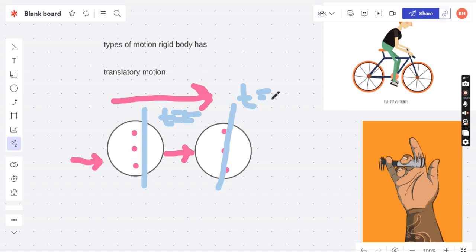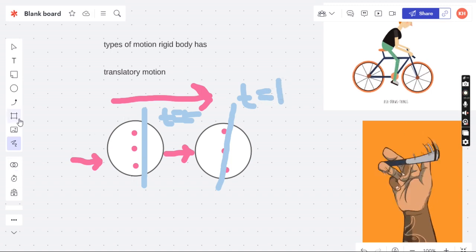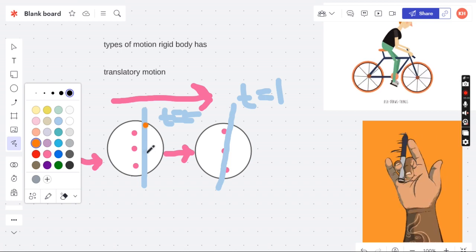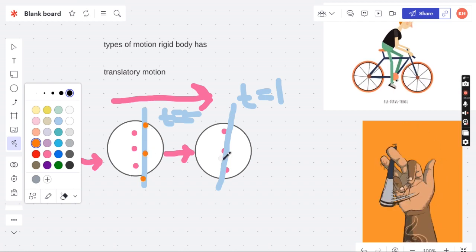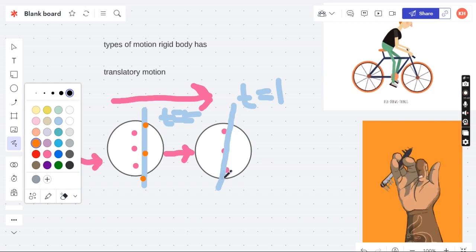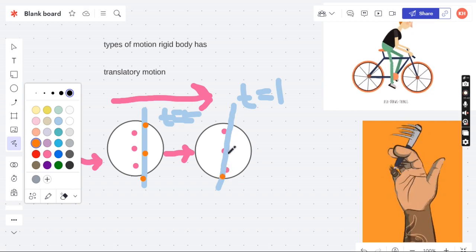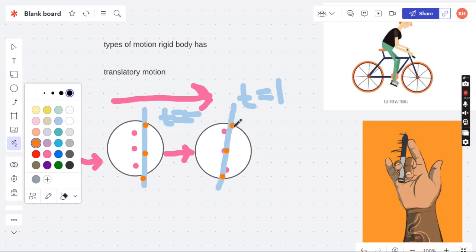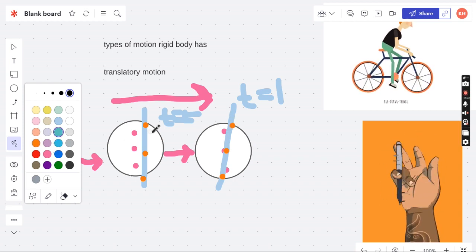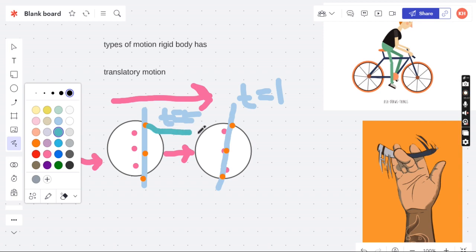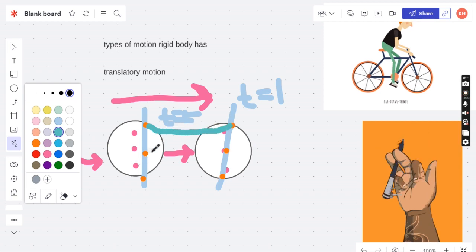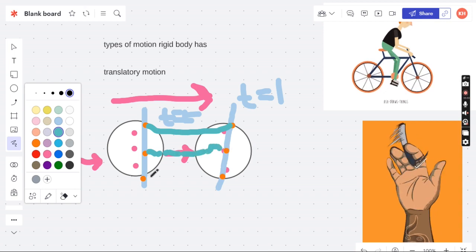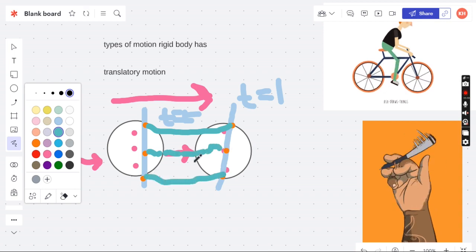Take 3 points here, then again 1 point, then 2 points, then 3 points. If you draw a distance from here to here, and then from here to here, first consider a dotted line, but I'm just making a complete line here. So as you can see, there is displacement.